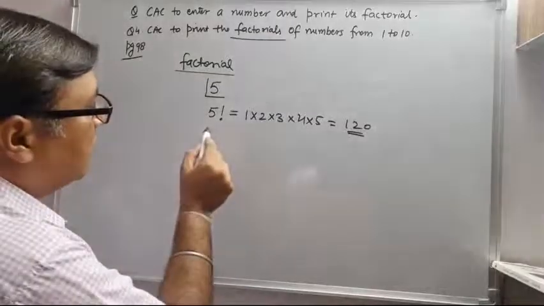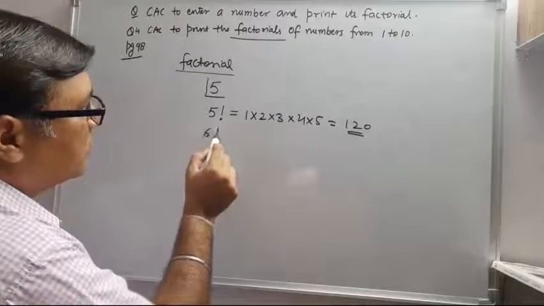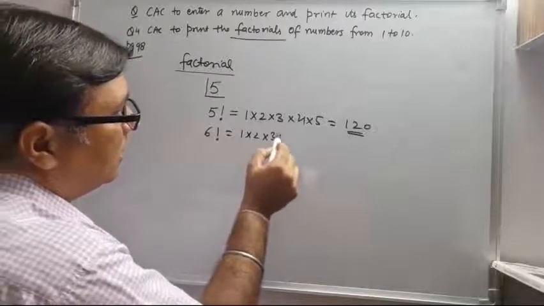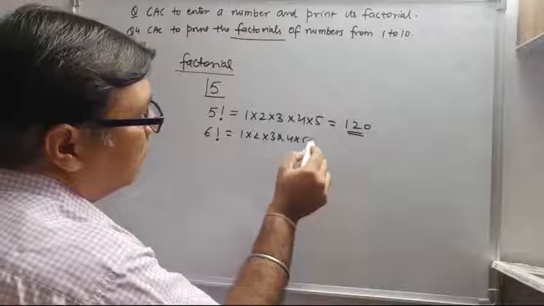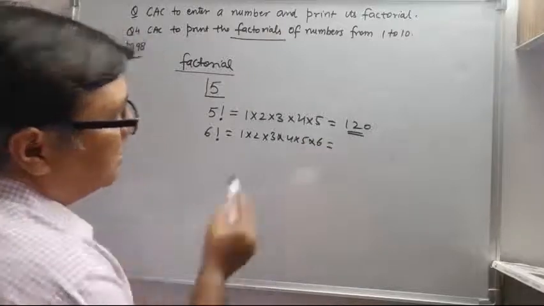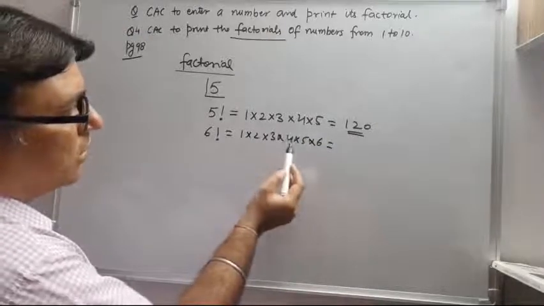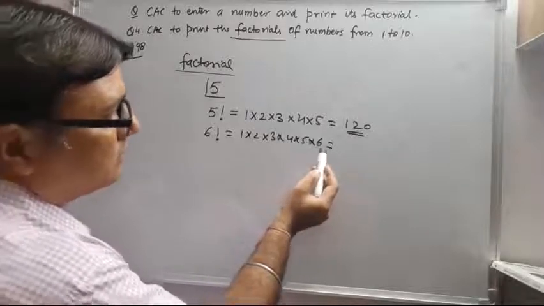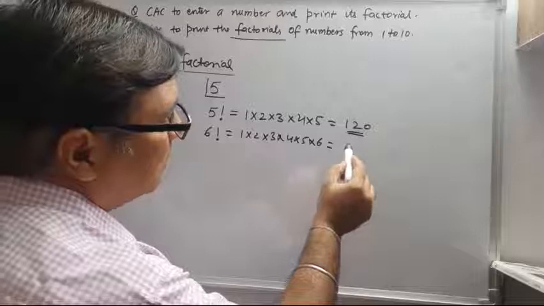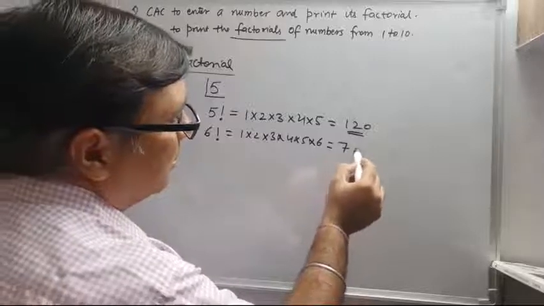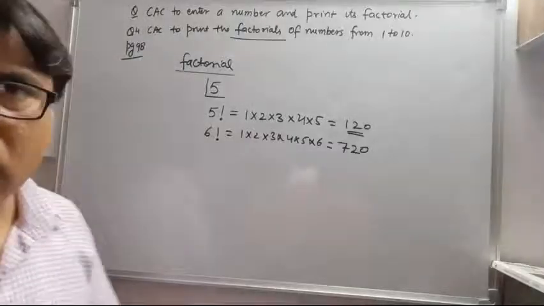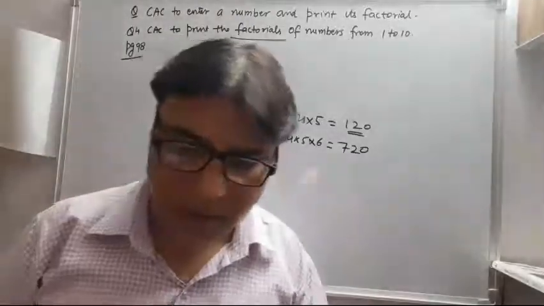Similarly, what is the factorial of 6? 1 into 2 into 3 into 4 into 5 into 6. 2 3s are 6, 6 4s are 24, 24 5s are 120, 120 6s are 720. So this is the factorial of the given number.